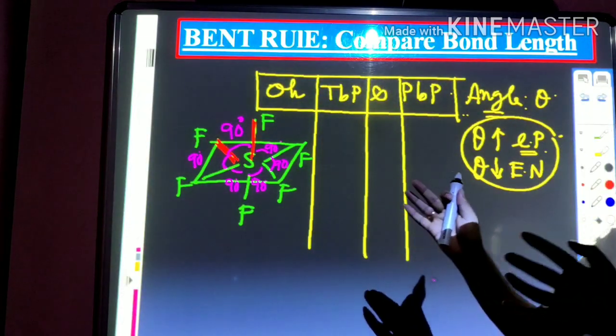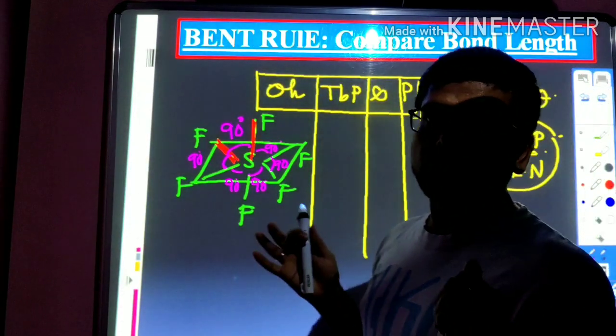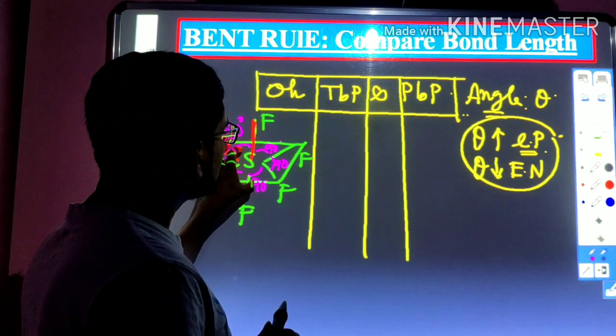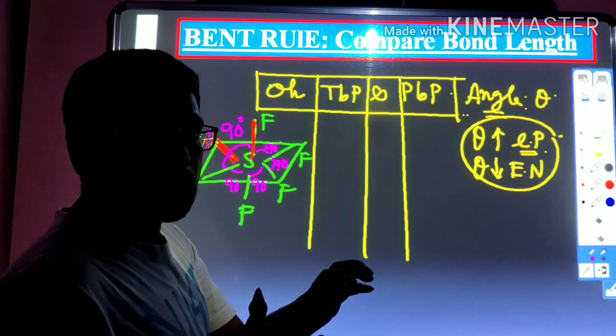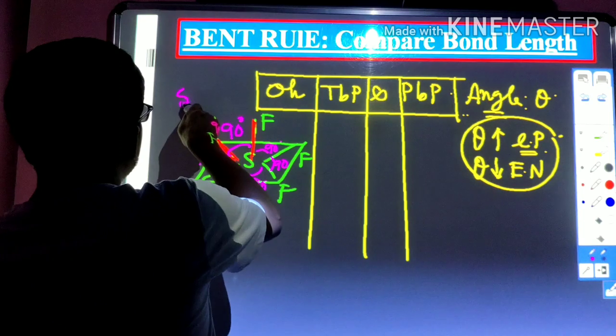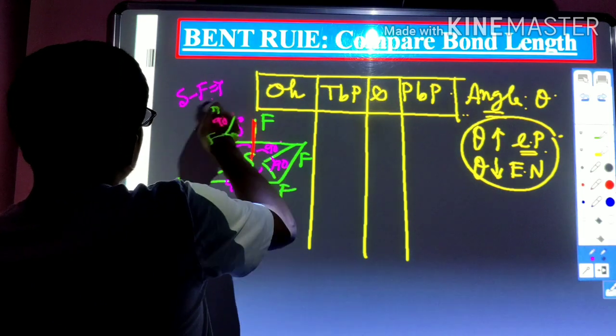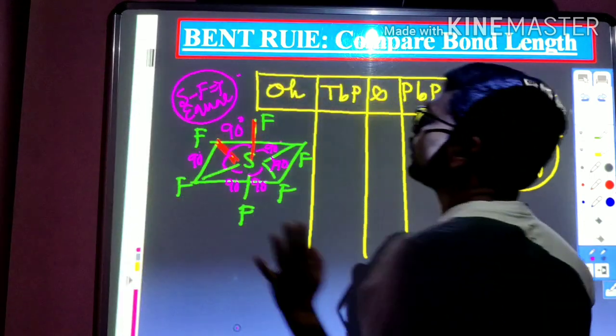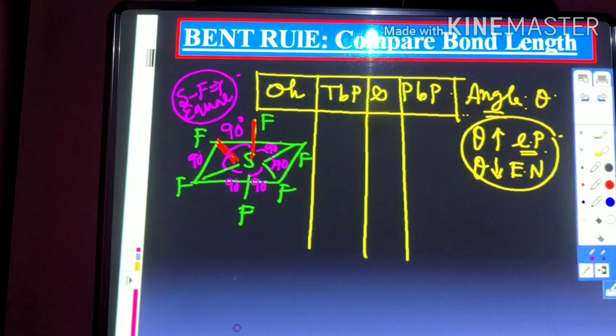If all the angles are 90 degree, Bent's rule won't be applied. So in this case, as all the angles are 90 degree, there will be no change in bond length. It means all the SF bond lengths will be equal and Bent's rule won't be applied here.